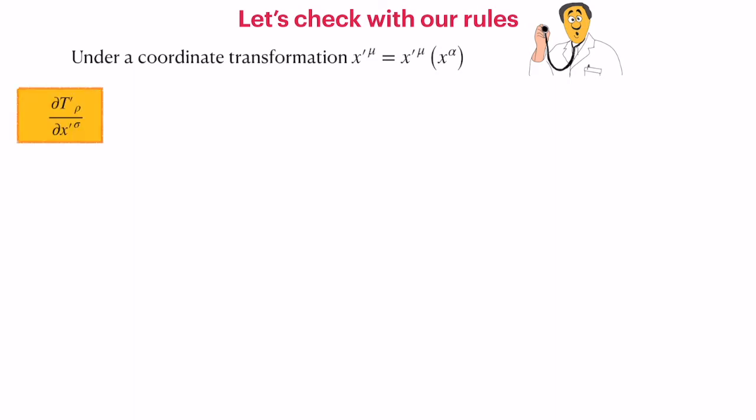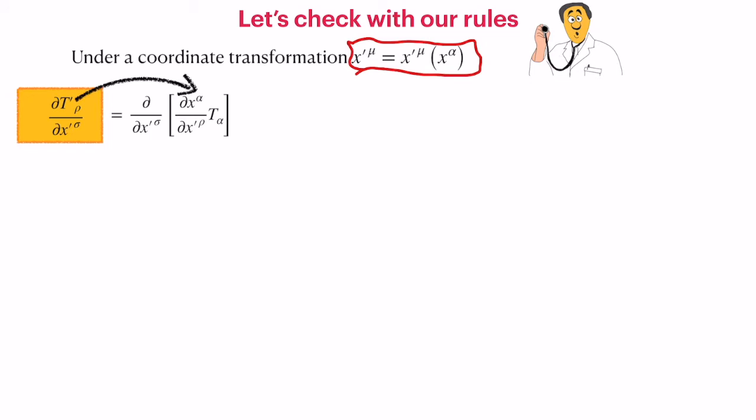So we start with the tensor in the x prime coordinate system, which is given by T prime rho, differentiated with respect to the variable x prime sigma. That is, we are looking at dT prime rho by dx prime sigma. Now we do a coordinate transformation. First we express whatever is inside the differentiation in terms of the x coordinate system.